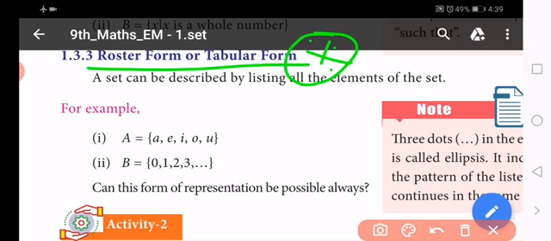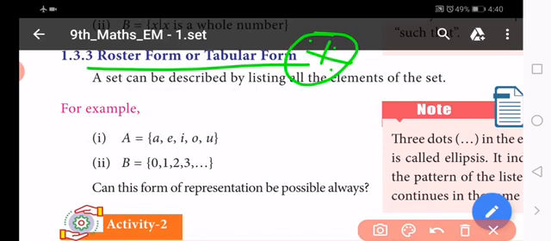For most sets we use the third method, roster form or tabular form. In this method all the sums in the problems are done. So, roster form or tabular form.